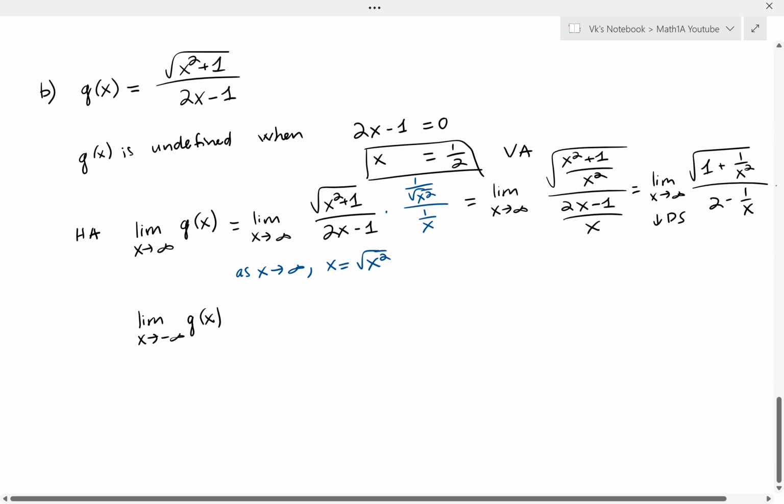We do the direct sub, and that will give us the square root of 1 over 2, which is 1 over 2. What this number tells us is y equals 1 over 2 is a horizontal asymptote.